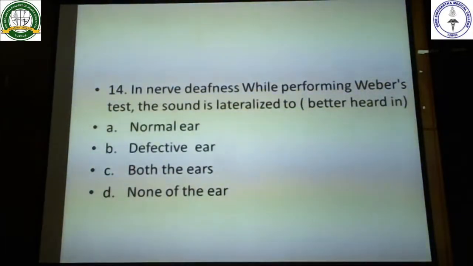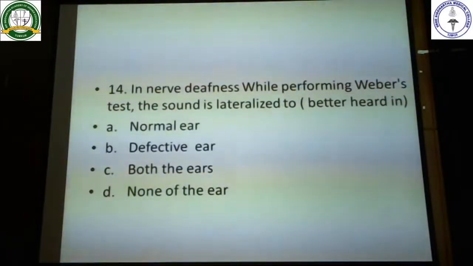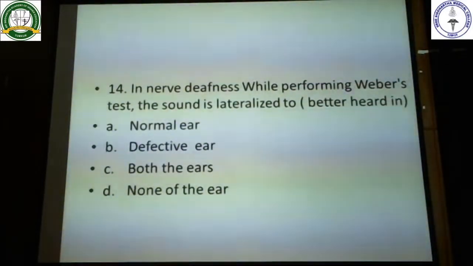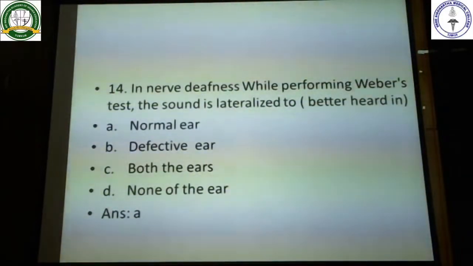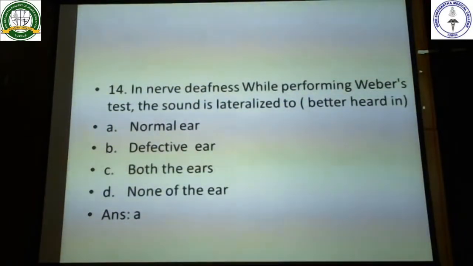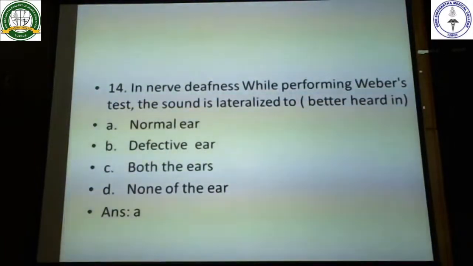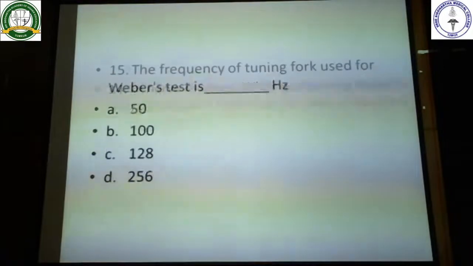In nerve deafness, while performing Weber's test, the sound is lateralized, or better heard, in the normal ear. See, in conduction deafness, the sound is lateralized towards the defective ear, but in nerve deafness, the sound is better lateralized in the normal ear. So you should know what is conductive deafness and what is nerve deafness.